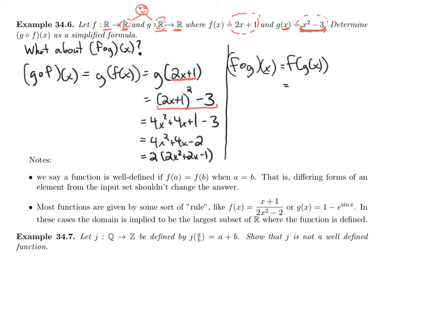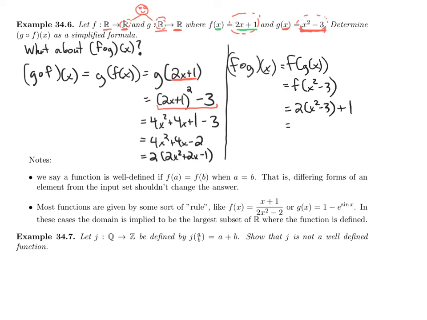And we know g of x is x squared minus 3. So what's the rule f say? It says take whatever your input is, multiply it by 2, and add 1. So that's what we're going to do. We're going to take our input, x squared minus 3, multiply it by 2, and add 1.